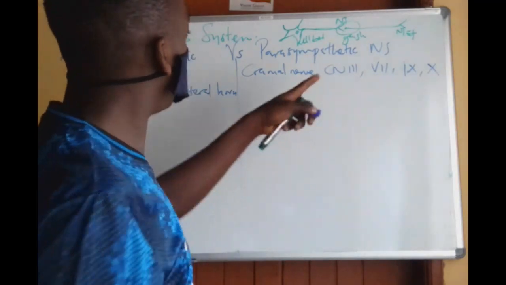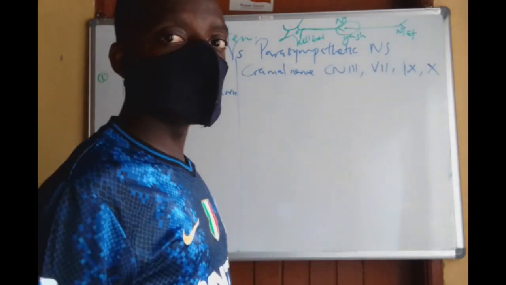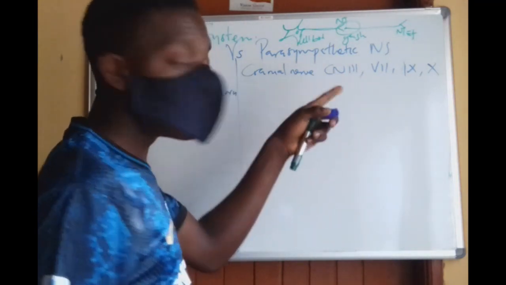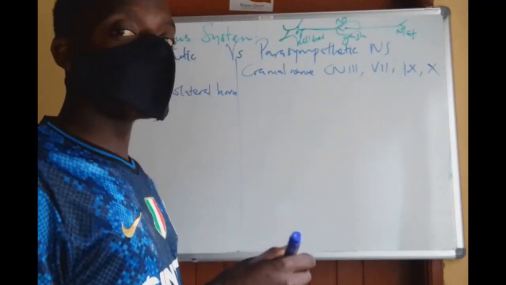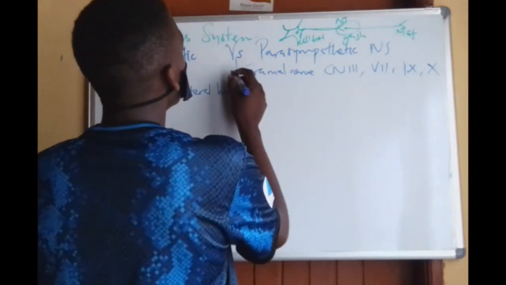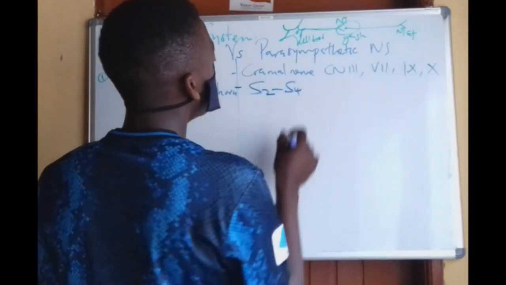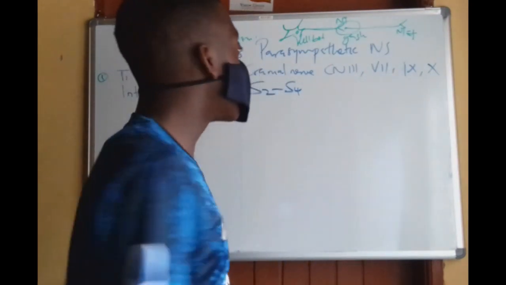That is where we find the cell body. It is also located at the sacral level, S2 to S4. There you find the parasympathetic nervous system.